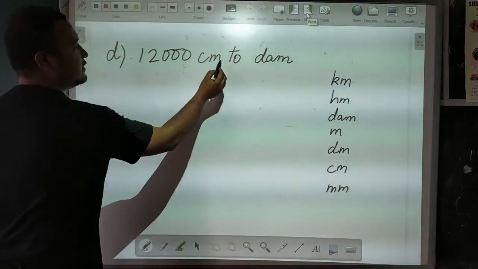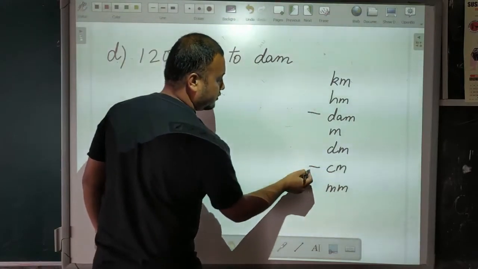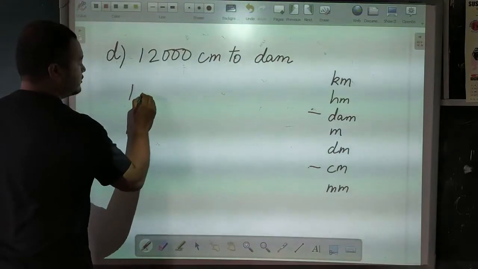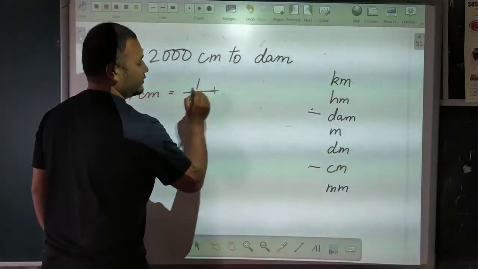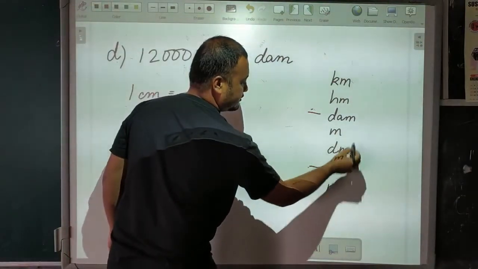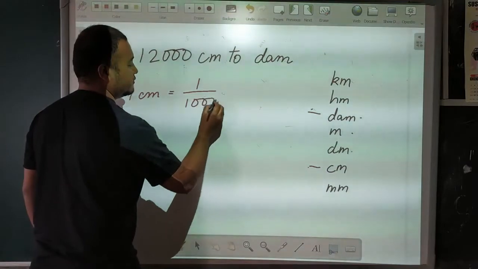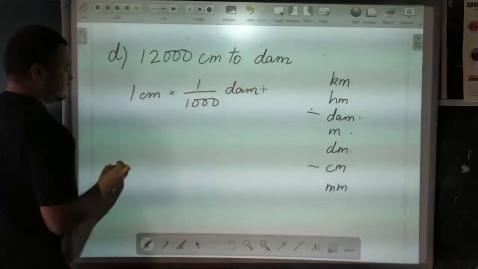Next, from centimeter to decameter. So we are going from a lower unit to a higher unit. So we need to divide. So 1 centimeter is equal to 1 divided by, how many jumps? 1, 2, 3. So 1 and then 3 zeros. Decameter.